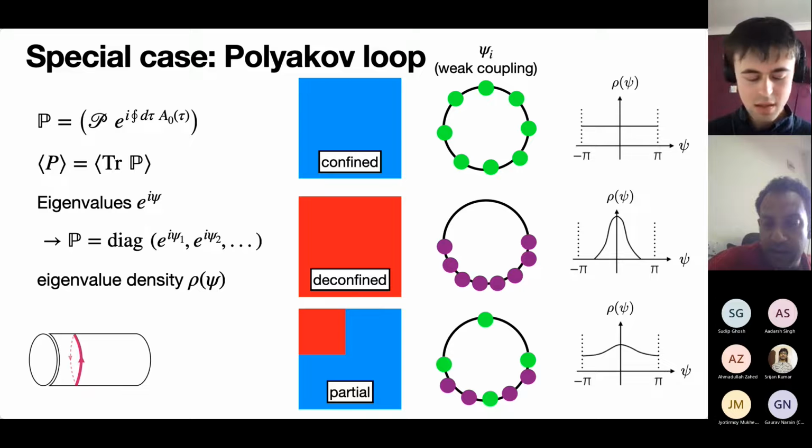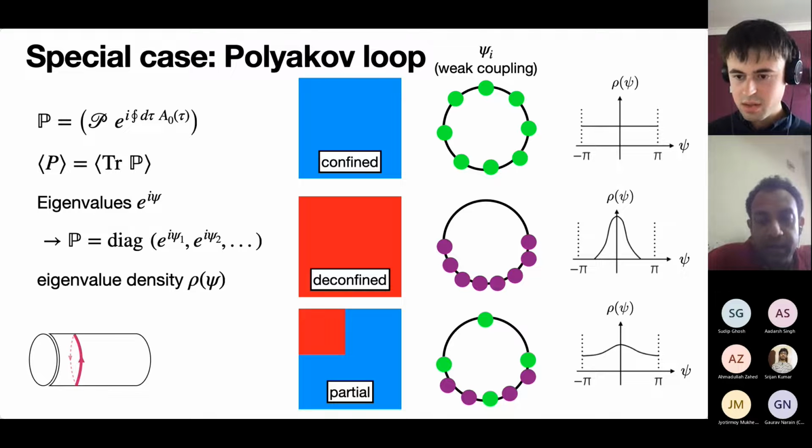Well, in this case the Z_N center group is actually physical, but Z_M, a subset, is just gauge. So yeah, you're right. Okay. So it's not very clear.